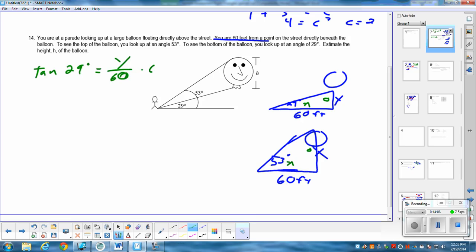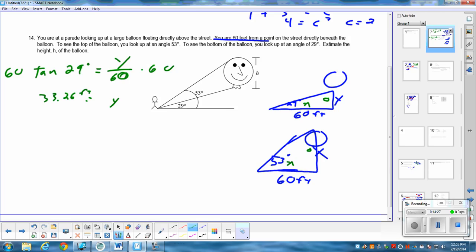When we multiply both sides by 60, my calculator tells me that that is 33.26 feet.